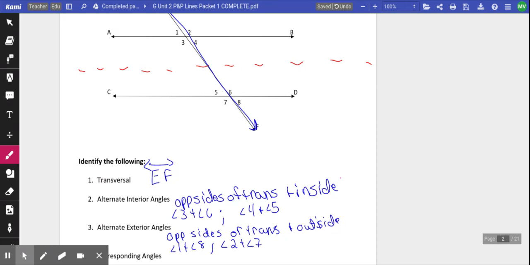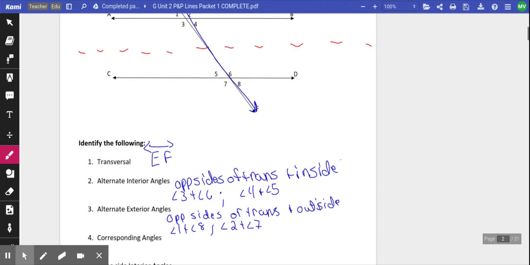Next we have what's called corresponding angles. So corresponding angles are angles that, if I were to cut this diagram along this red line and put them on top of each other, angle 1 would be on top of angle 5. So they are in the same position.